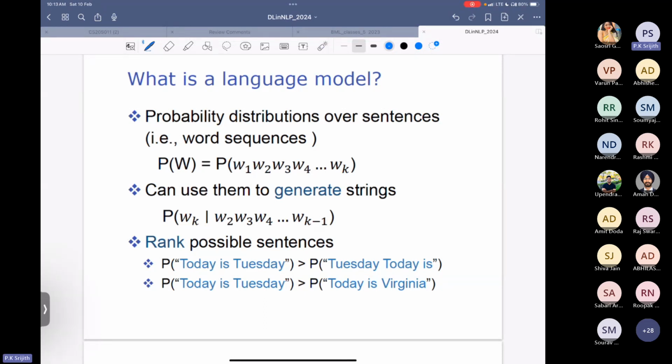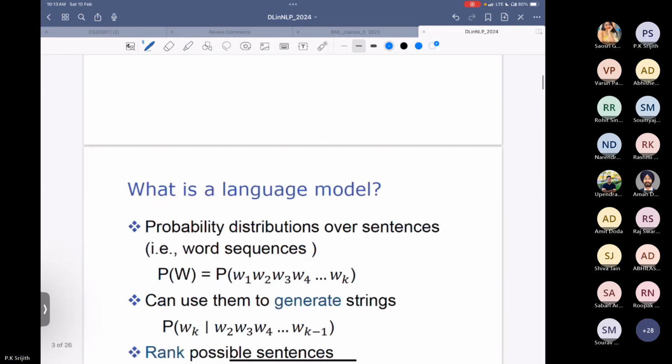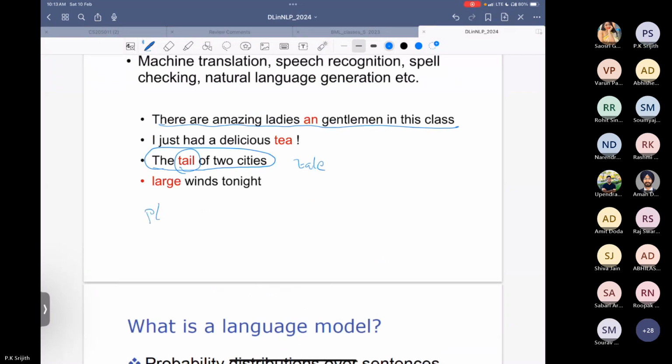So we can find out what's the probability of this sentence, the tale of two cities, and what's the probability of this sentence, the tale of two cities.